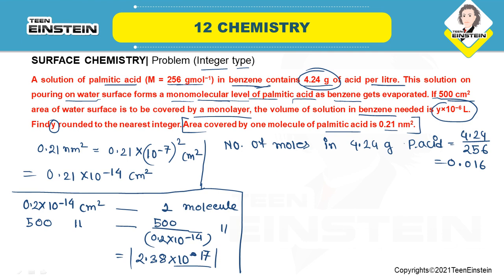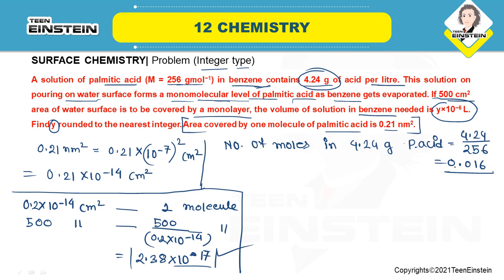Now this number of molecules, or you can say 0.016 moles, is actually present in 1 liter of benzene. Okay, so now we know the number of molecules present in 1 liter of benzene. So we can easily calculate in what volume of benzene this number of molecules is present.